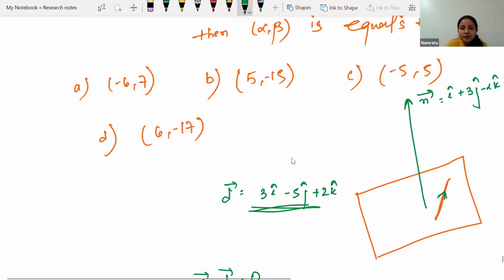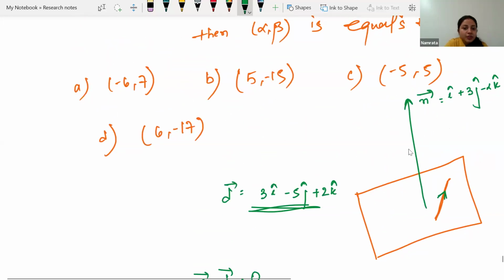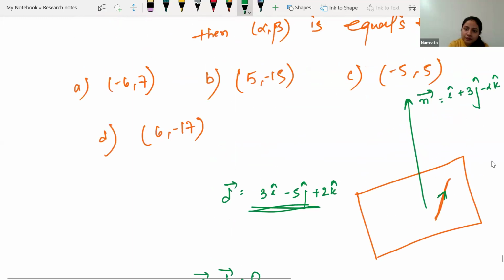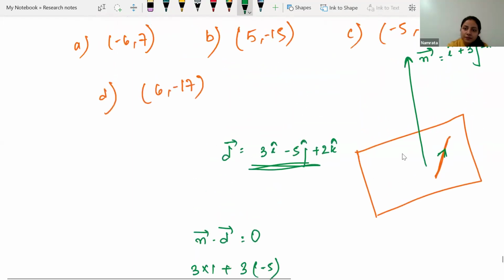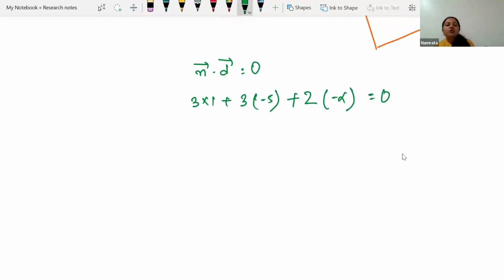Can we say? Yes, ma'am. So with a1, a2, b1, b2, c1, c2, let's do that: 3 into 1, it's 3, plus 3 into negative 5, plus 2 into negative alpha is equal to 0. From here we get a value of alpha.